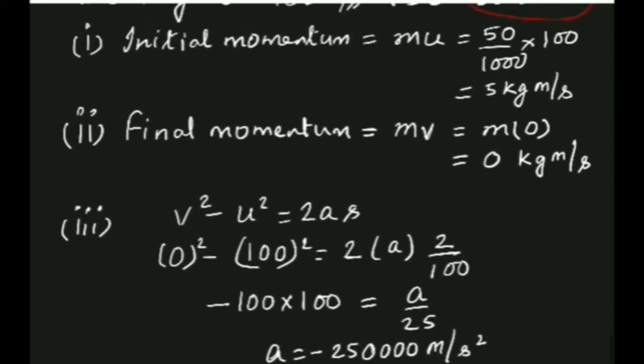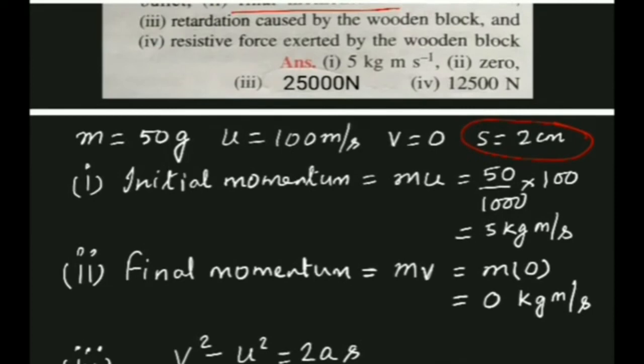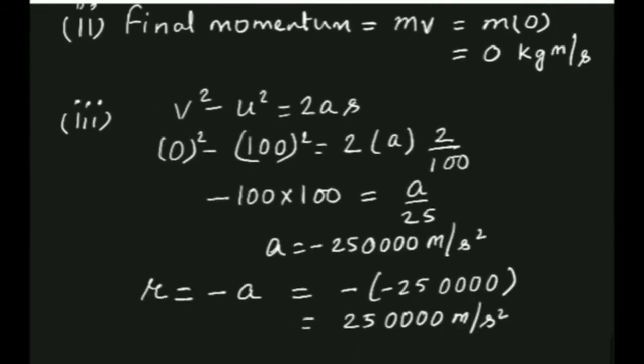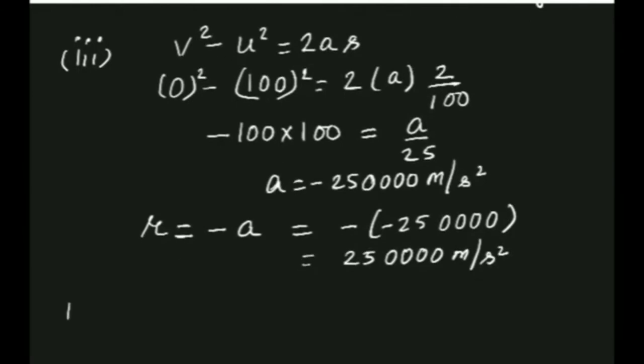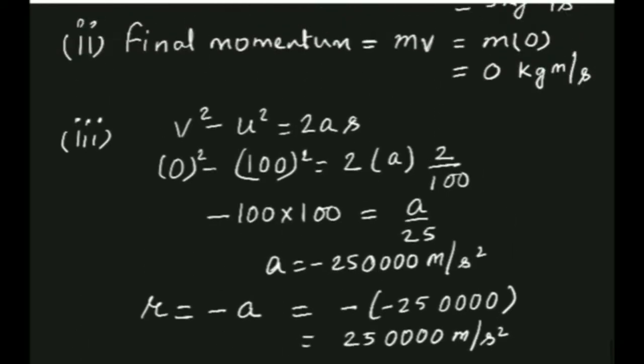Now what they are asking in the fourth part is the resistive force exerted by the wooden block. Resistive force means retarding force. The same formula we will apply, Newton's second law of motion, F equals ma. What is the value of m here?